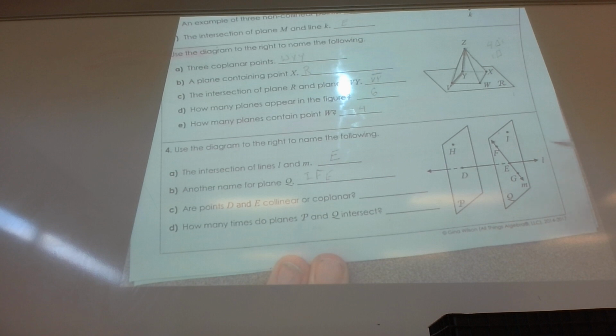Alright. Are points D and E colinear or coplanar? Well, are they on the same plane? Well, D's in this shape and E's in this shape. So they can't be coplanar. Are they connected? Yes, they're connected. So they're colinear.